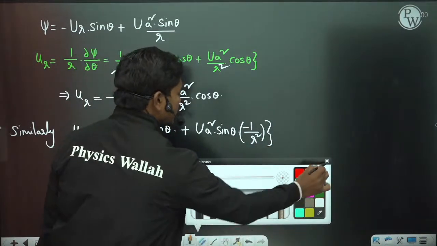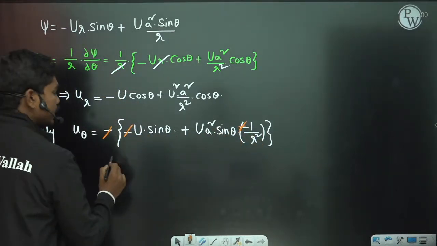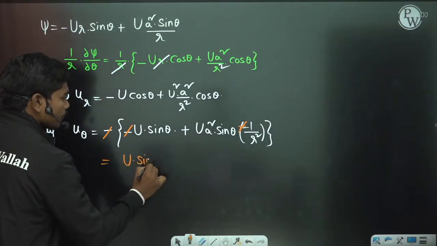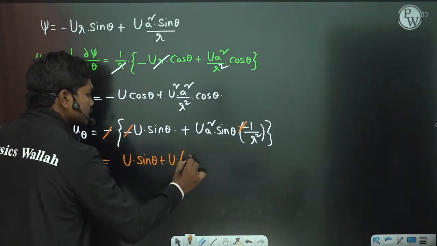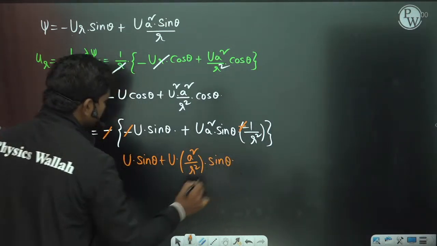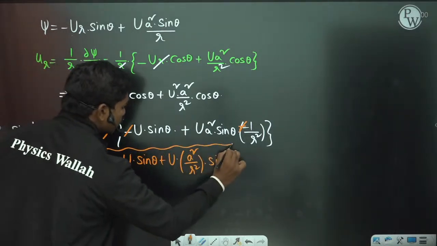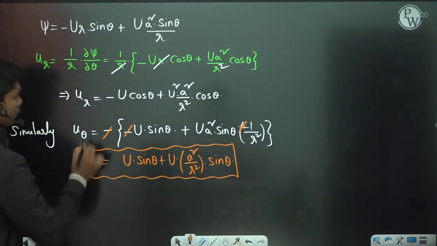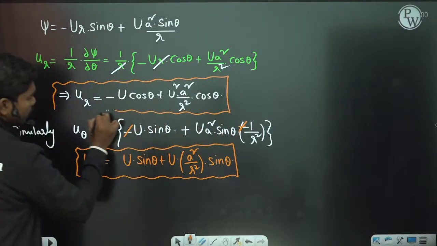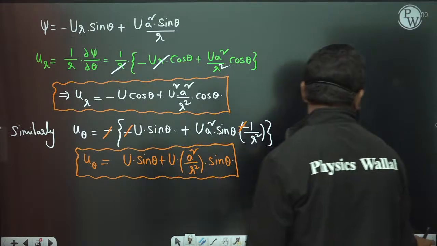If you simplify the minus signs, the minus outside can be made plus with the other minus. So in total you have U sin θ plus U a²/r² sin θ. This is the expression for u_θ at any radius and at any angle. This is how we calculate the expressions for u_θ and also u_r, the radial velocity. Now let us see the options they are asking you.